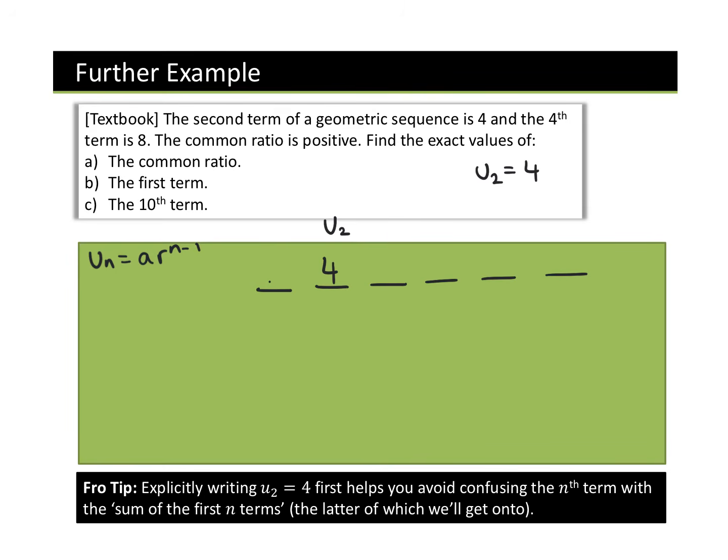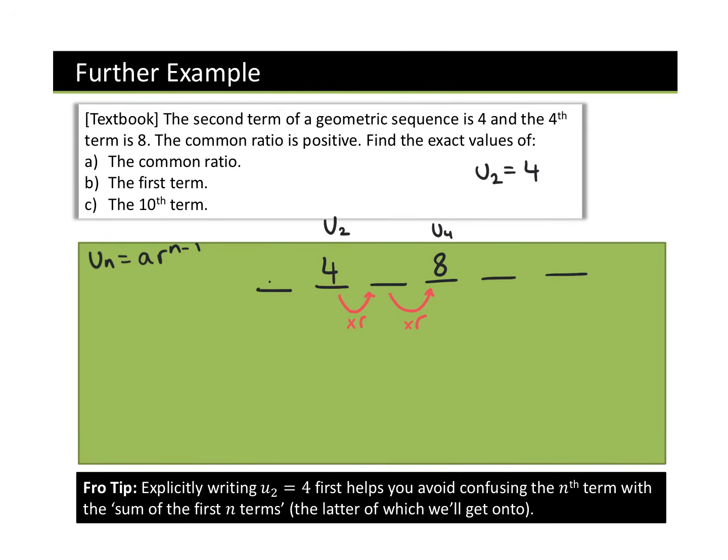And the fourth term, 1, 2, 3, 4, is 8. So this is u4 is 8. Find the common ratio. So, hold on a minute. How did I get from this term to this term? I multiplied by r. And then what did I do? From here to here, I multiplied by r.